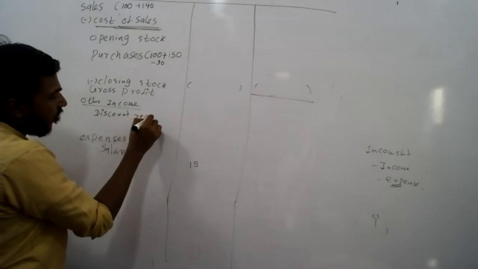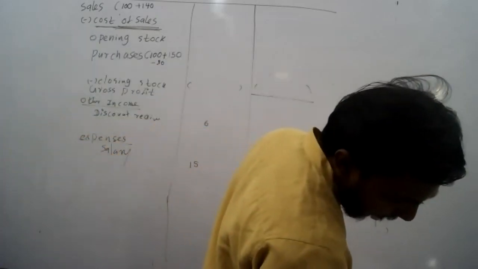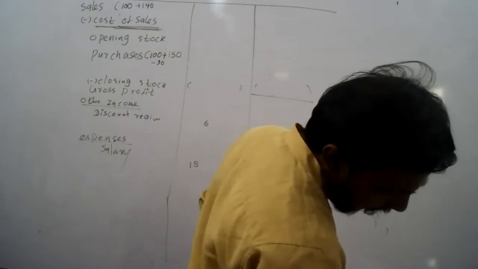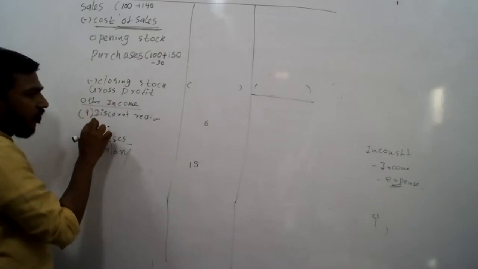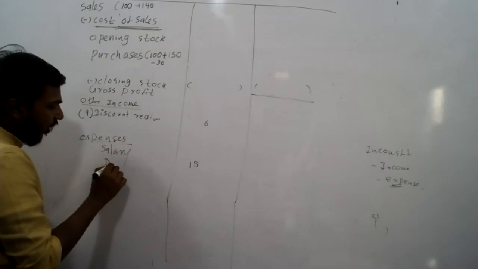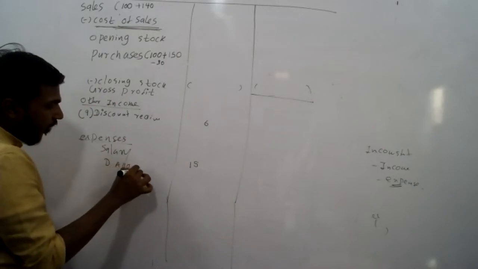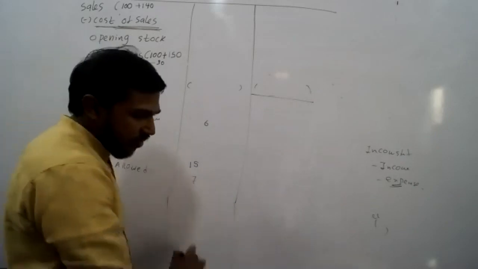Discount received 6. So this comes from transaction number 9. Check, we have done this in accounting equation. The next one is discount allowance. Can you remember in the 10th transaction we calculated discount allowance is 7.